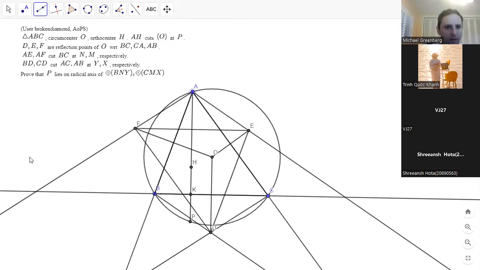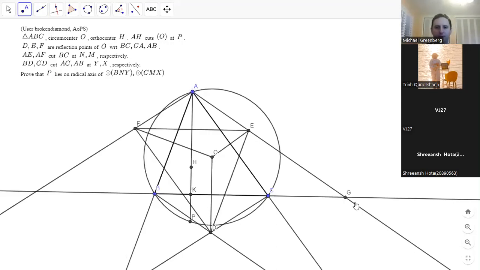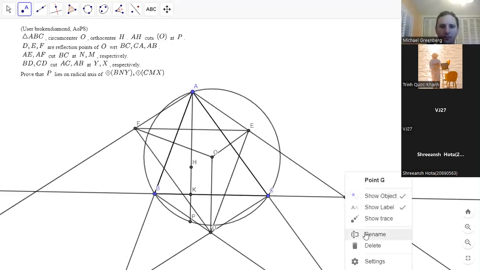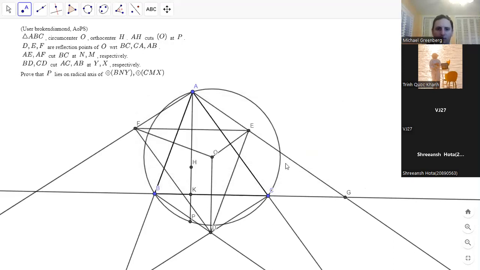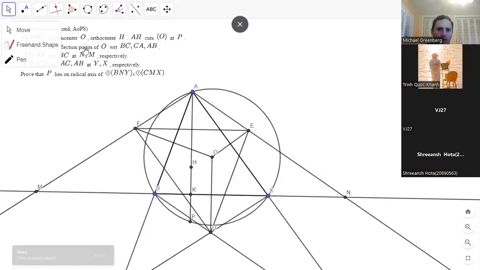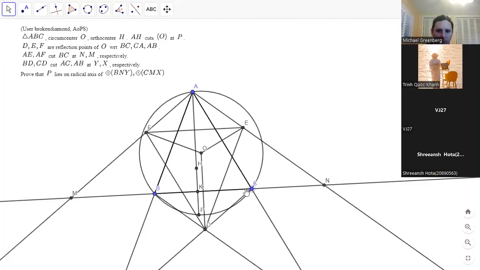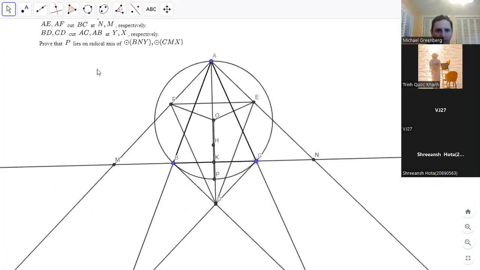Okay, so this is N. This is M. And we need to see X and Y. So I'm going to move this up.